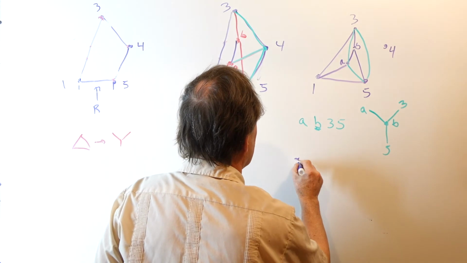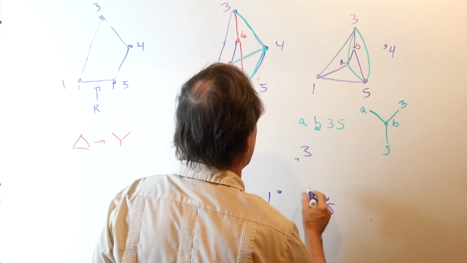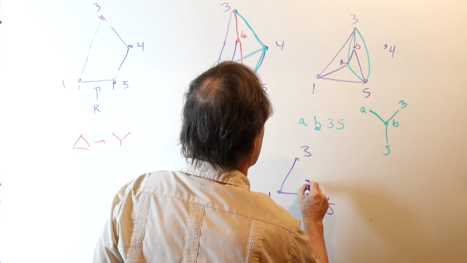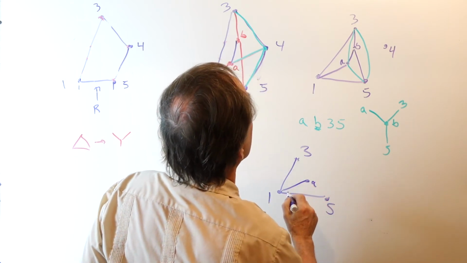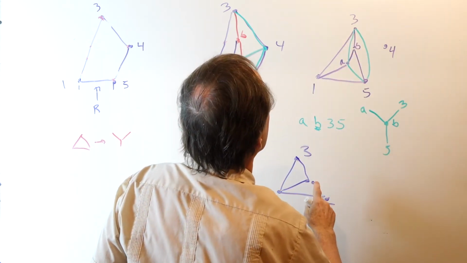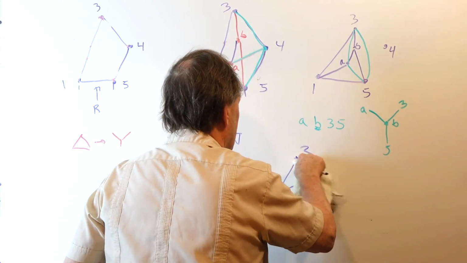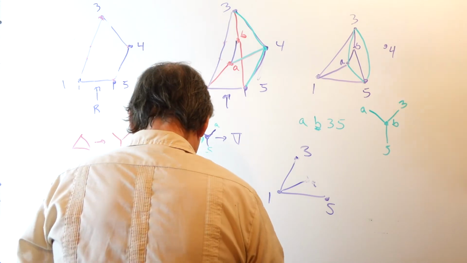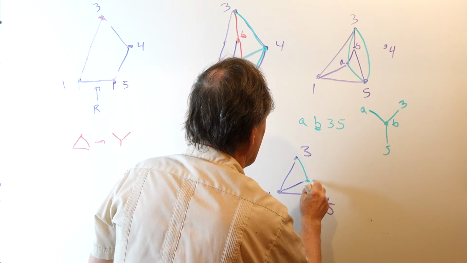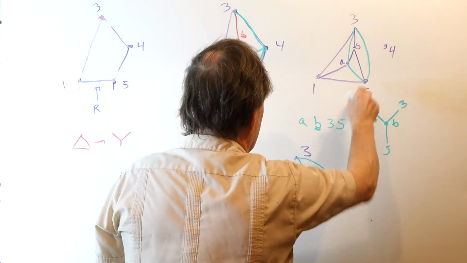So I'll look at this again here. We've got 3, 1, 5. We have our A node. We go from 3 to A, we go 3 to 5 and A to 5.